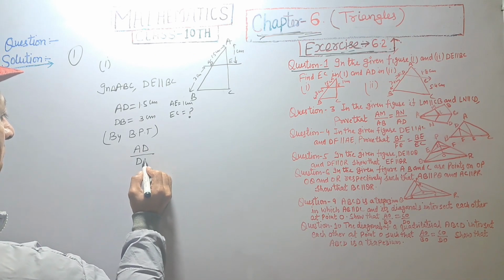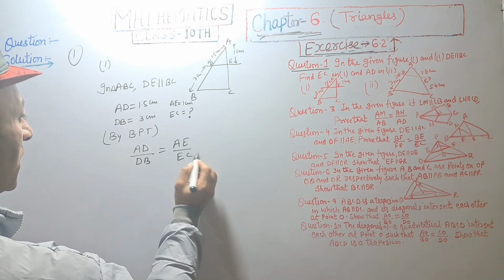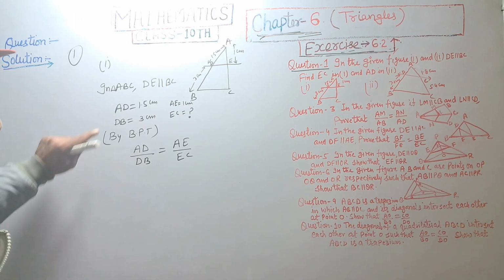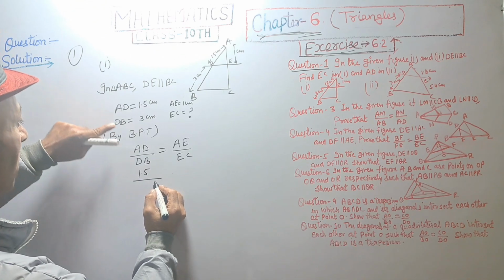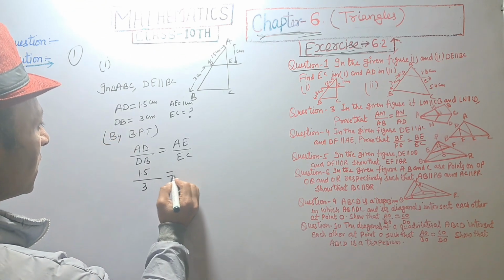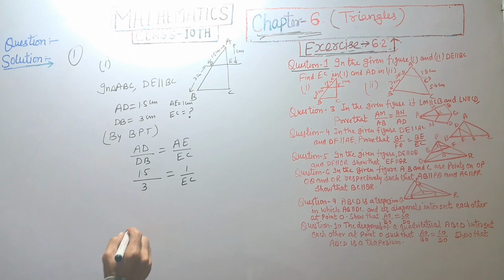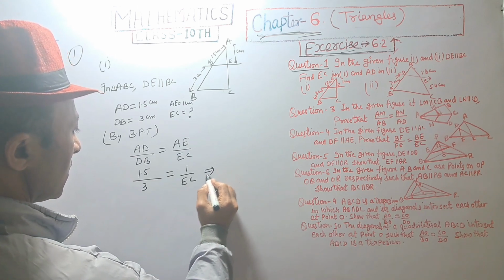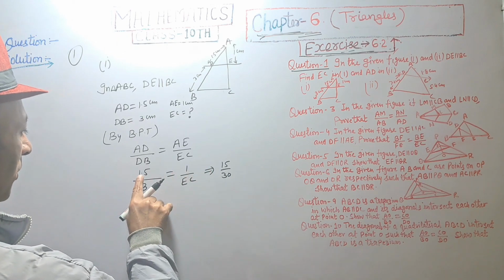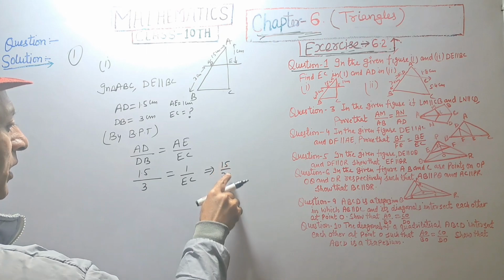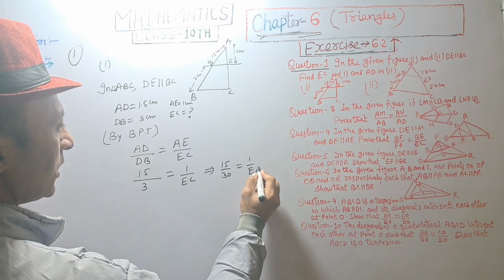AD upon DB is equal to AE upon EC. AD is 1.5, DB is 3, AE is 1 and EC. 1.5 can be written as 15 upon 10, 10 threes are 30, so 15 upon 30 is equal to 1 upon EC.